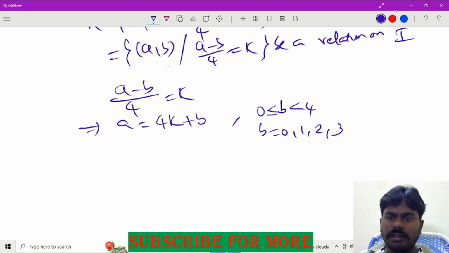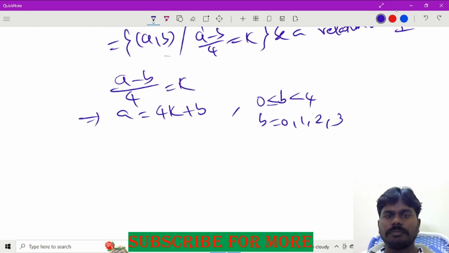So here when b is equal to 0, that will completely divide by 4.